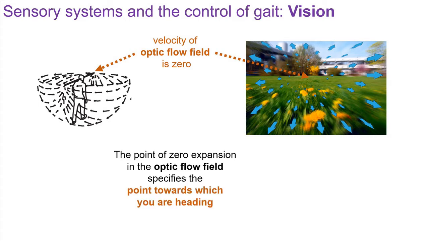This particular point in these flow fields specifies the point towards which you're heading as you're moving. So as you move through the world, a pattern of optical motion is created. The location in the flow field where there is no motion is going to tell you about the direction that you're heading towards as you're moving.